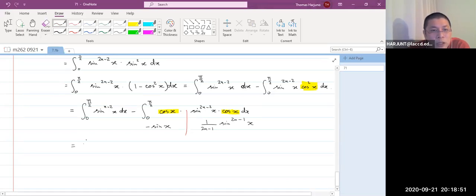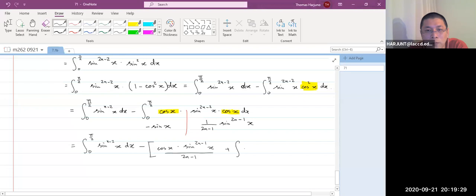Which means this is the integral from 0 to pi over 2 of sine to the 2n minus 2 x dx minus cosine x times sine to the 2n minus 1 of x over 2n minus 1, plus the integral of 1 over 2n minus 1 of sine to the 2n of x. Ooh, wow.